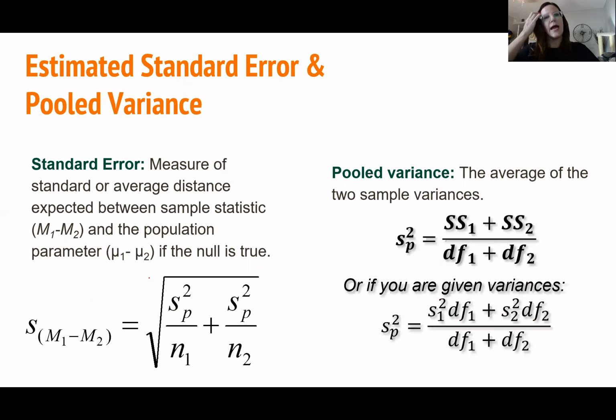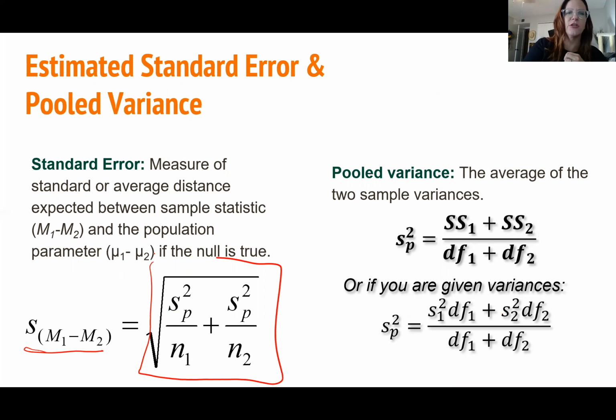So here's how we get that estimated standard error. We have to get the estimated standard error after we get the pooled variance. So if you'll notice, here's the notation, and here is the entire equation for the estimated standard error. But again, you have things in here that you don't recognize, like this, S_P squared. S_P squared is your pooled variance, okay?